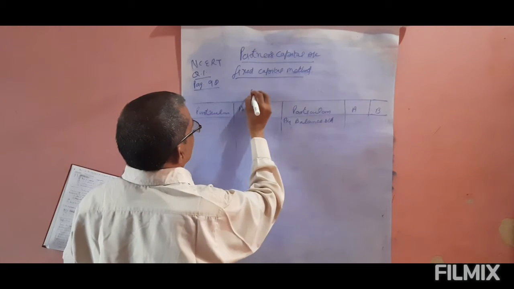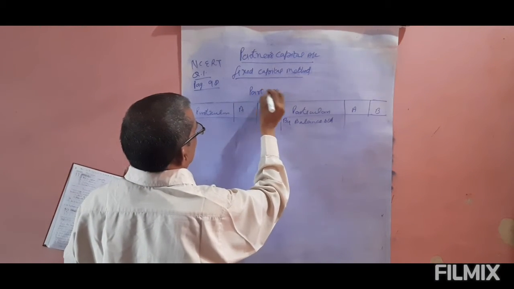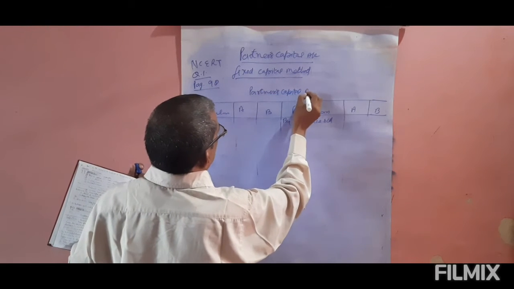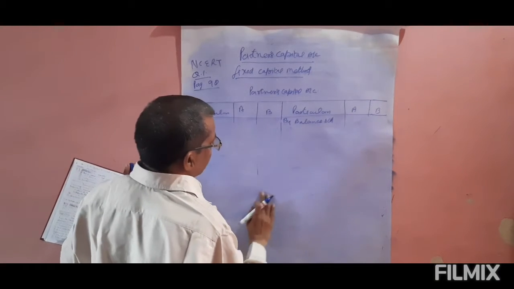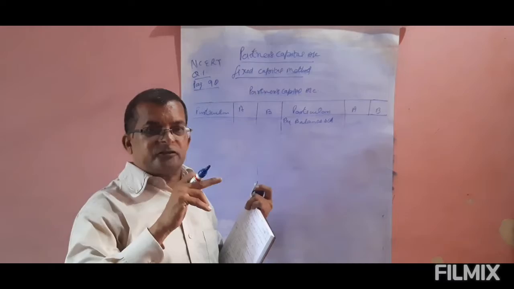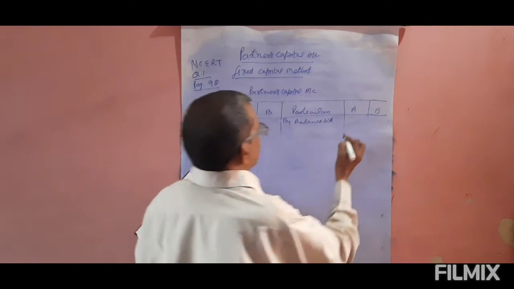Okay, first please prepare the partners capital account. We have to prepare only two accounts in this method. First is the partners capital account. So by balance b/d, what is the balance?